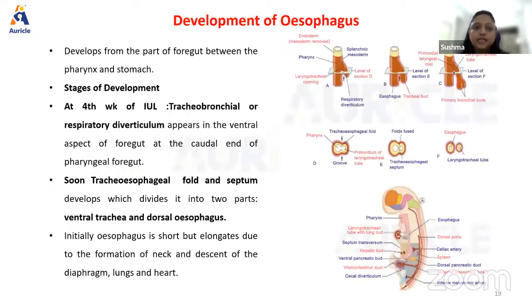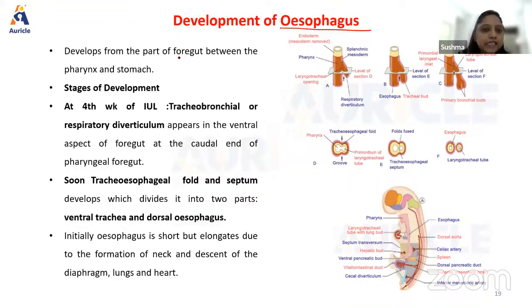Okay. Next, let us look at the development of esophagus. Now, esophagus basically is a muscular tube, right? It's a muscular tube that is responsible for pushing food down from the oral cavity till the stomach. It is a tube that carries food from oral cavity to stomach. Okay.